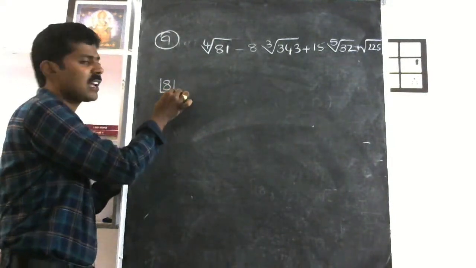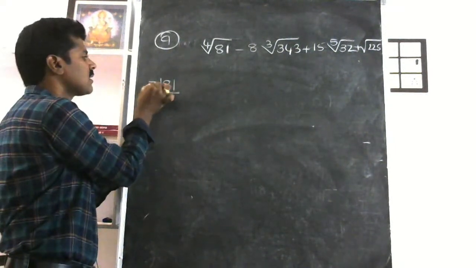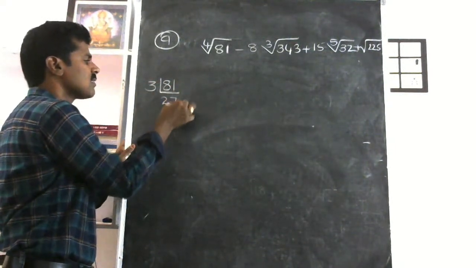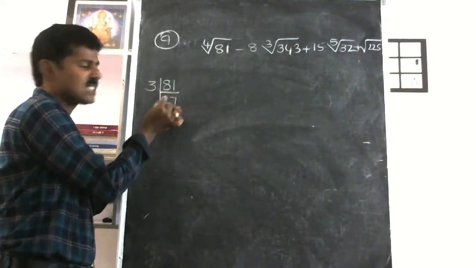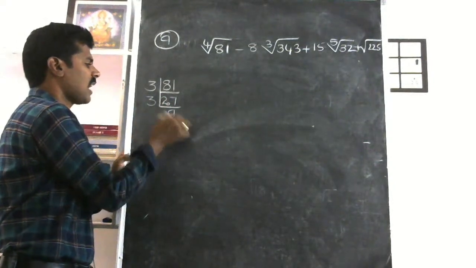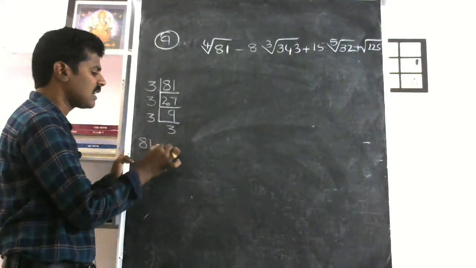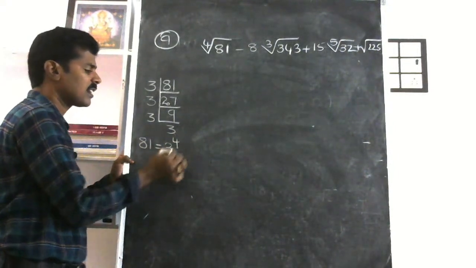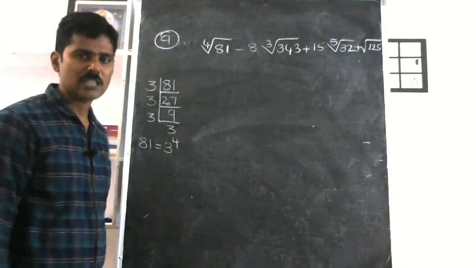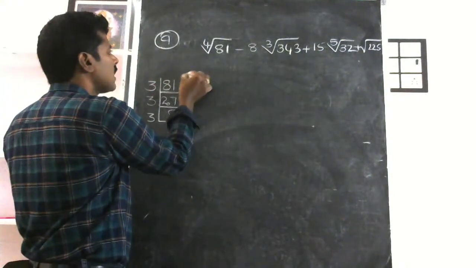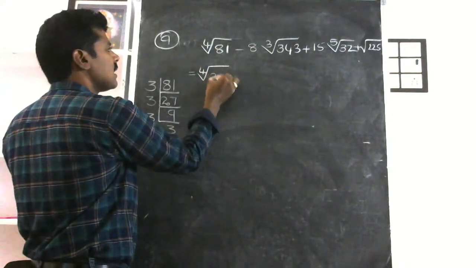So 81 doesn't divide by 2, the first prime number, so I will go with 3. 3 27s are 81. Again, 2 won't divide here, so 3, I go with 9, and again you know that 3 and 3. So 81 can be written as the fourth power of another rational number. Hence, fourth root 81 is not irrational. So fourth root 81 can be written as 3 power 4.